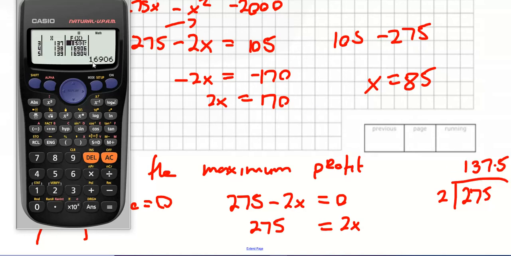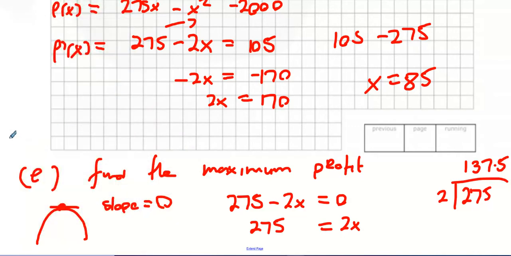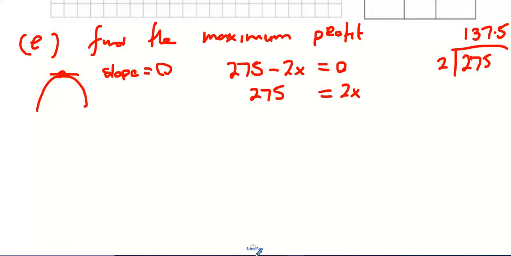Okay, now we know that we have to find the maximum. So if I did start at 137, end at 138, with a step of 0.5, there we go. We can see the maximum profit is 16,906.25. Okay. So how would you figure this out? Well, you'd find out that your x value when you divide both sides by 2 is 137.5. You already found that out.